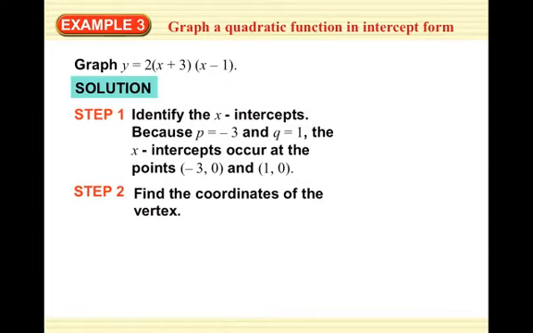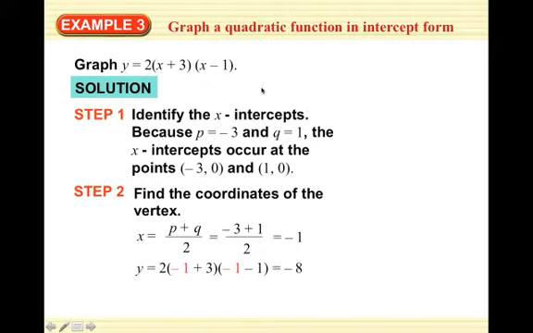Step 2, you're going to find the coordinates of the vertex. So for the x-coordinate, you take the average of p and q, so it's (p plus q) over 2. So negative 3 plus 1 over 2 gives us negative 2 over 2, which is negative 1. Again, remember, anytime you know an x value and you want to find the corresponding y value, you just plug in the x value.